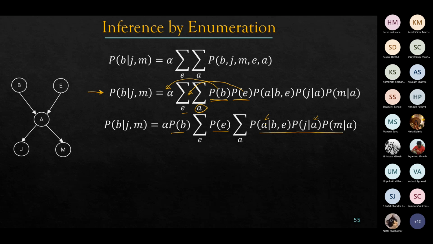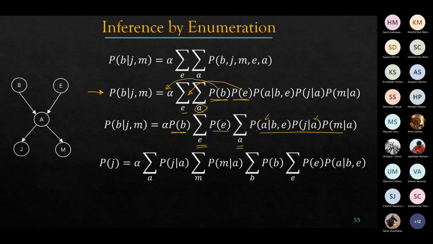But again, we have reduced the number of multiplications by moving different fragments or factors into different portions by looking at the scope of the hidden variables, right? And if you do the same for the other problem, what is the probability of John calling? You can factor these as we have written here, right?